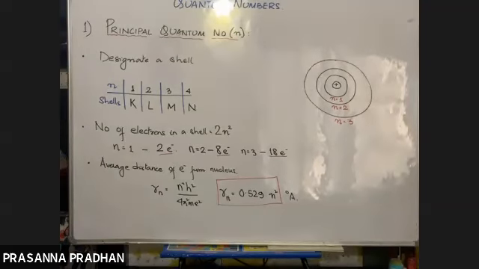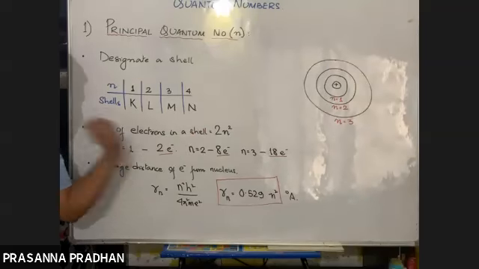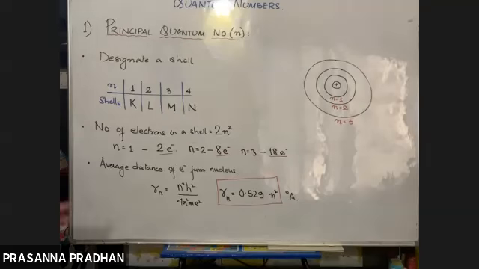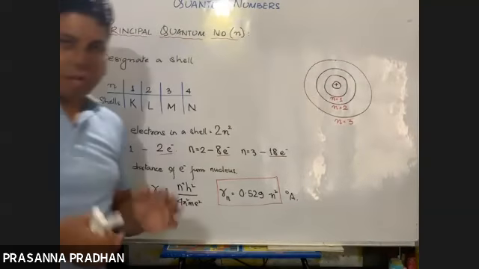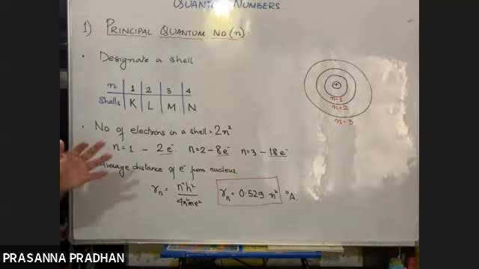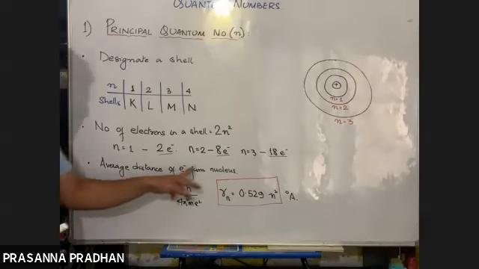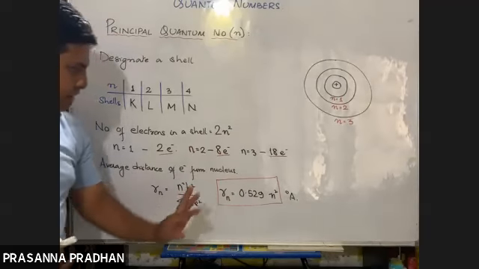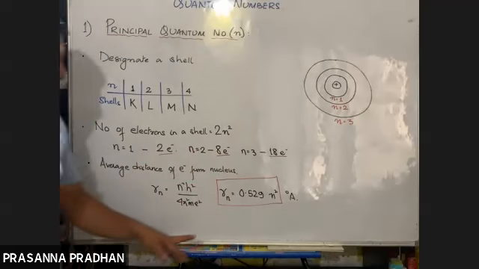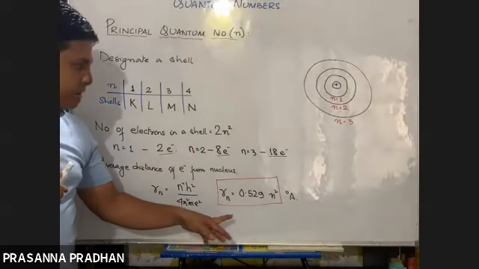So what is the information till now? The principal quantum number helps us to designate a shell. It helps us to calculate the maximum number of electrons in a particular shell. Third, it gives us an idea about the radius of the shells, or helps us to calculate the average distance of the electron from the nucleus by using this formula. What is the average distance of the electron present in the first shell?